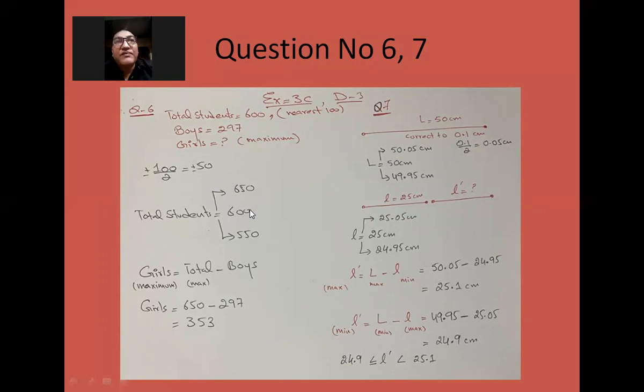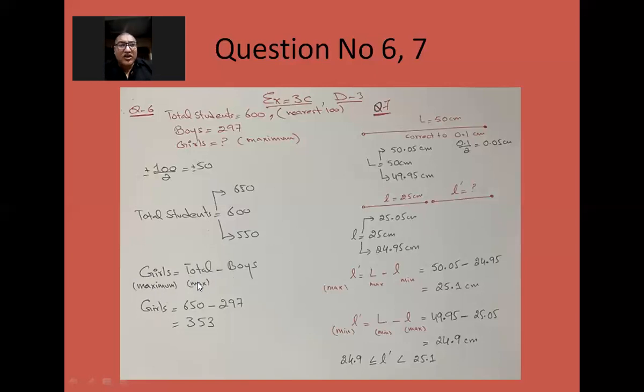The girls will be equal to total students minus boys. Now you want the maximum number of girls. The formula is girls equals total students minus the boys. So if you want the maximum girls, logically, the total should be taken at its upper bound, and for the boys, there's no upper or lower bound.